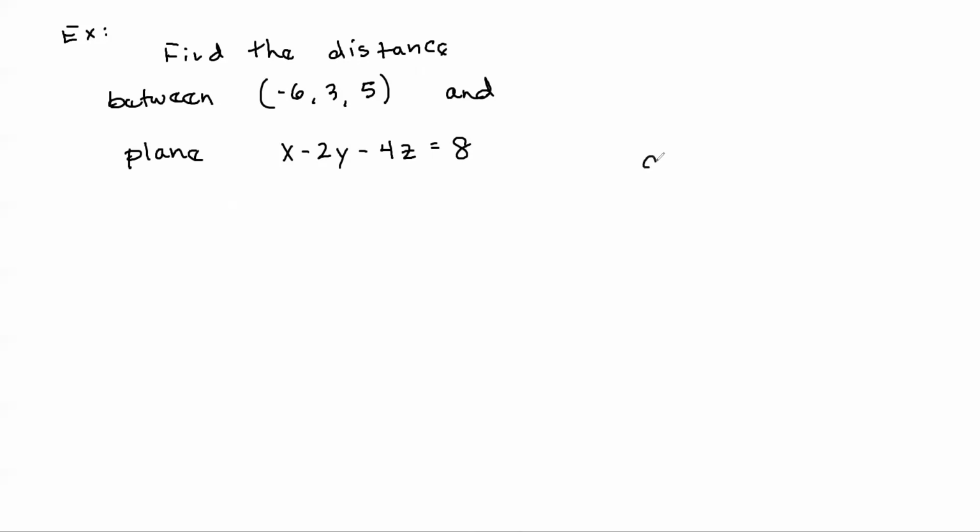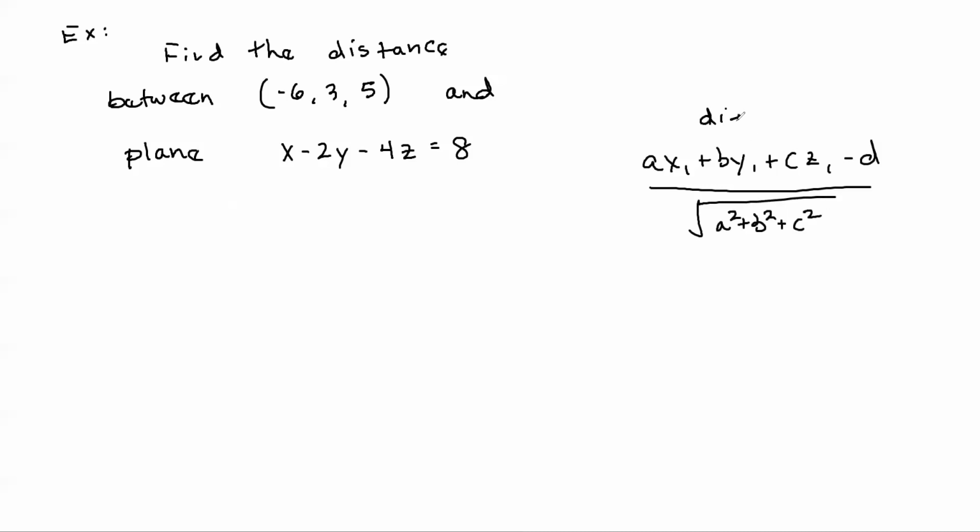So we want to go through and calculate ax1 plus by1 plus cz1 minus d divided by the square root of a squared plus b squared plus c squared. This is the distance between point and plane. Okay, so let's go ahead and just take all that and just plug it in.